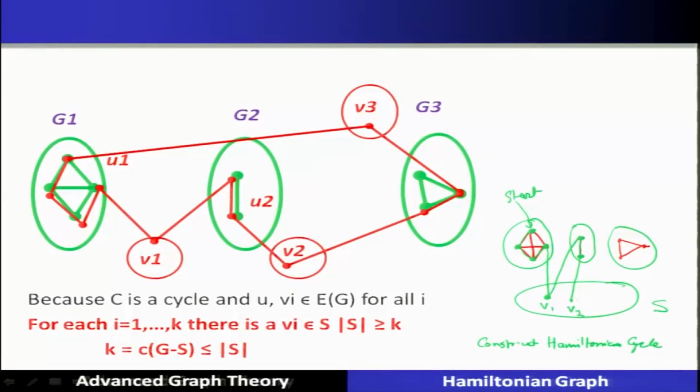From B2 we can again enter another different component, visit all the vertices on that spanning cycle which we are constructing, and then leave this component. When we leave, it will arrive in S on a particular vertex. Let us call it B3.